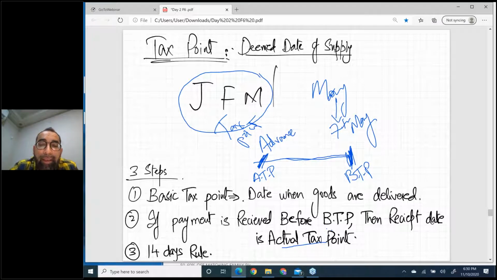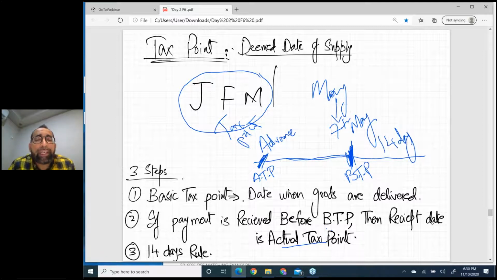Now the last thing: come again to BTP, and there is a 14 days rule. You have to check whether you have issued an invoice within 14 days from BTP. If yes, then the invoice issuing date will be your actual tax point.